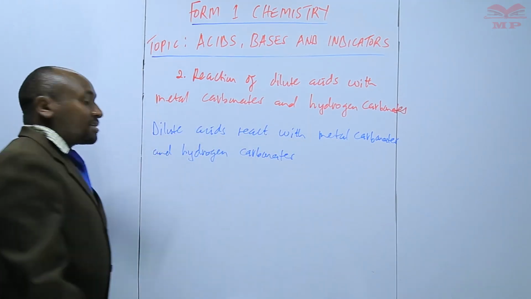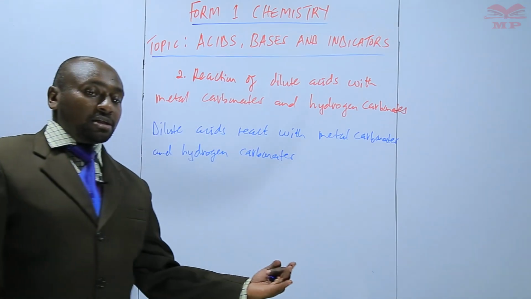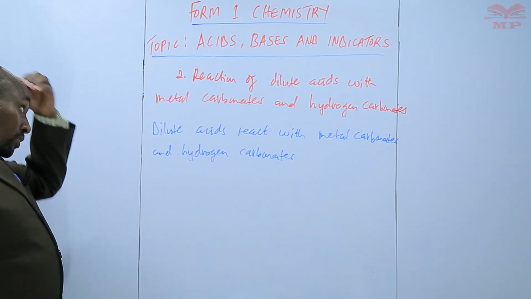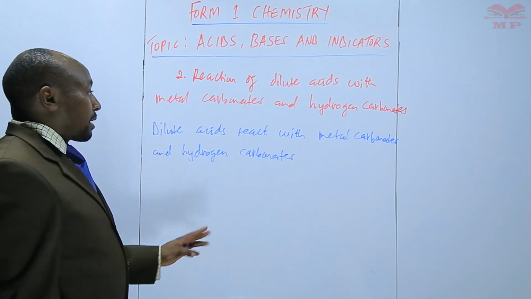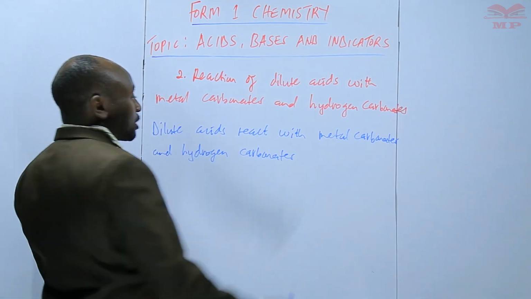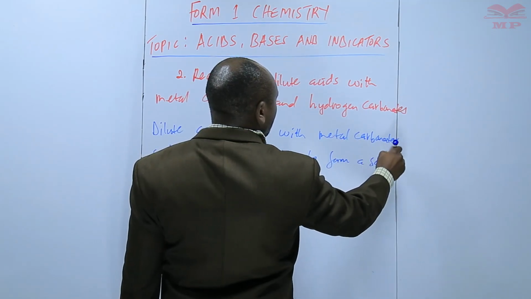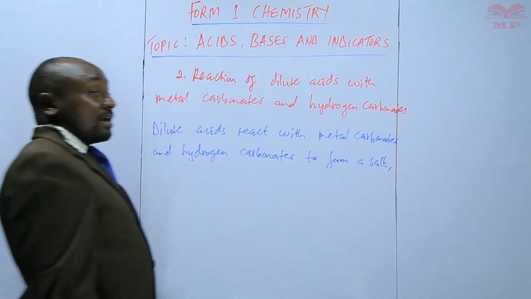Hydrogen carbonates are things like sodium hydrogen carbonate, potassium hydrogen carbonate. They react to form a salt. A salt must be there.